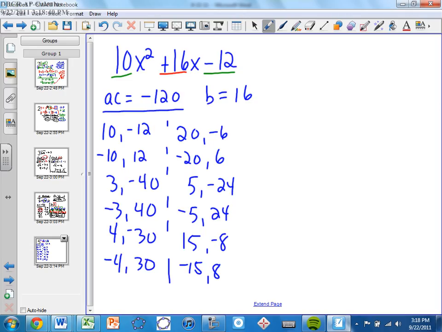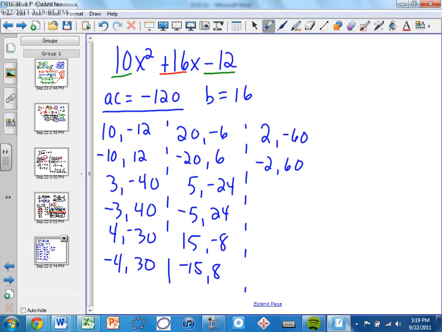We're still not there, are we? We didn't try 2 yet. What about 2 and negative 60? Or negative 2 and 60? Does that work? That one doesn't work either. So we used 2, we used 3, we used 4, we used 5. Did we use 6 yet?